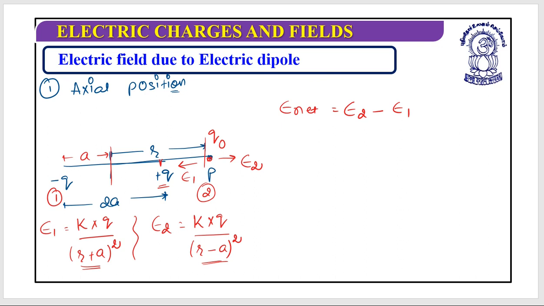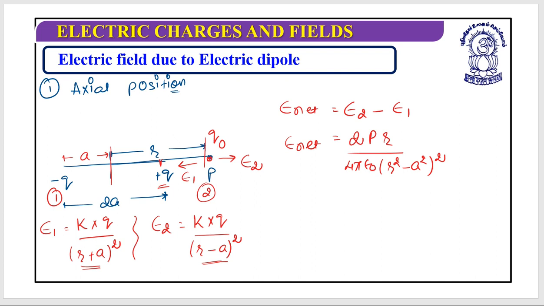If I solve this, what I will have is 2 multiplied by p into r divided by 4 pi epsilon naught, where K is equal to 1 upon 4 pi epsilon naught, into r square minus a square whole square. You can do this calculation. So this is what we get: E net is equal to 2 into p into r upon 4 pi epsilon naught into (r square minus a square) whole square.